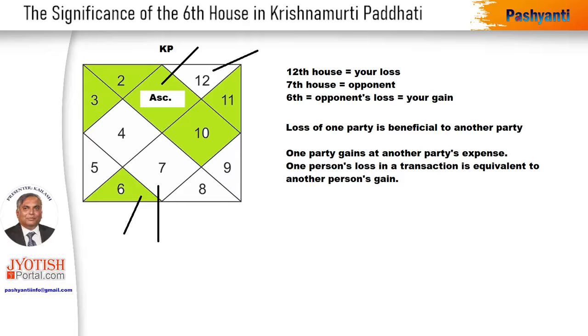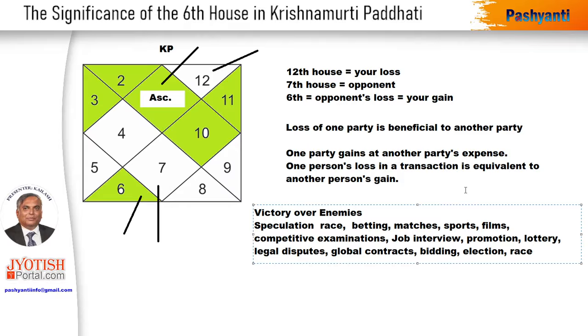No, that's not your enemy. The enemy is just about so many people with whom you are transacting on a daily basis, and you want to be ahead of that competition. That is what is meant by the victory over enemies when it comes to the 6th house.